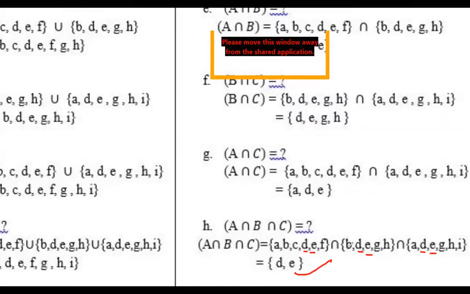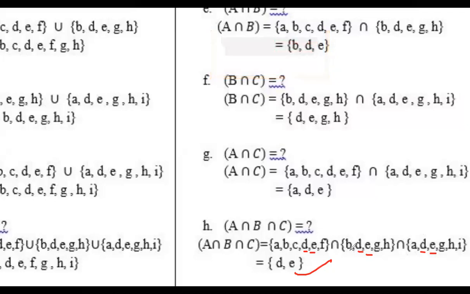D is common in two elements, but it is not in the next element. A is common here and here, but it is not present over here. It should be common in all three elements. So D, D, D, E, E, E. That means this is the intersection. This is our answer.